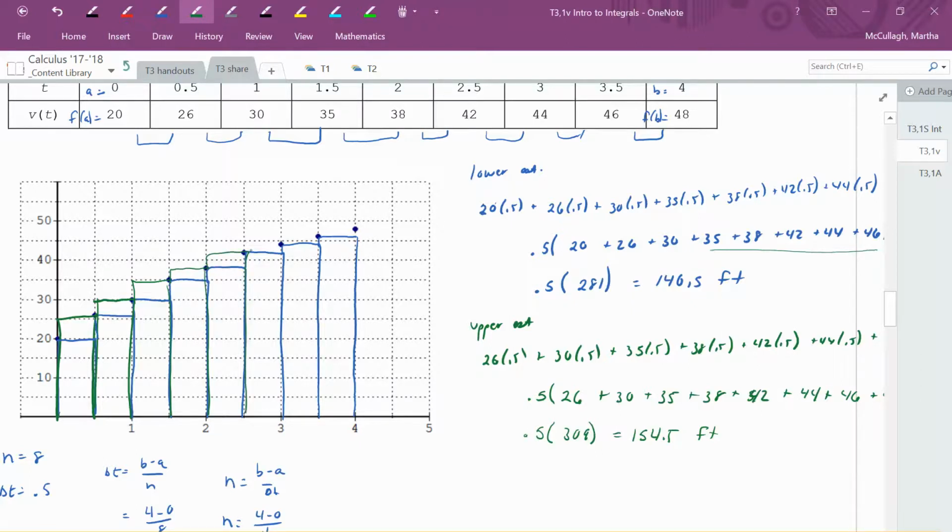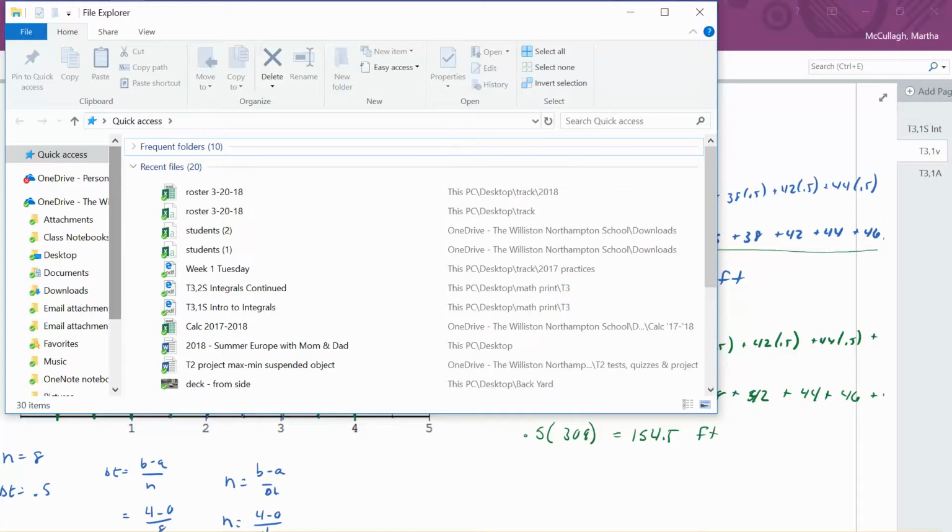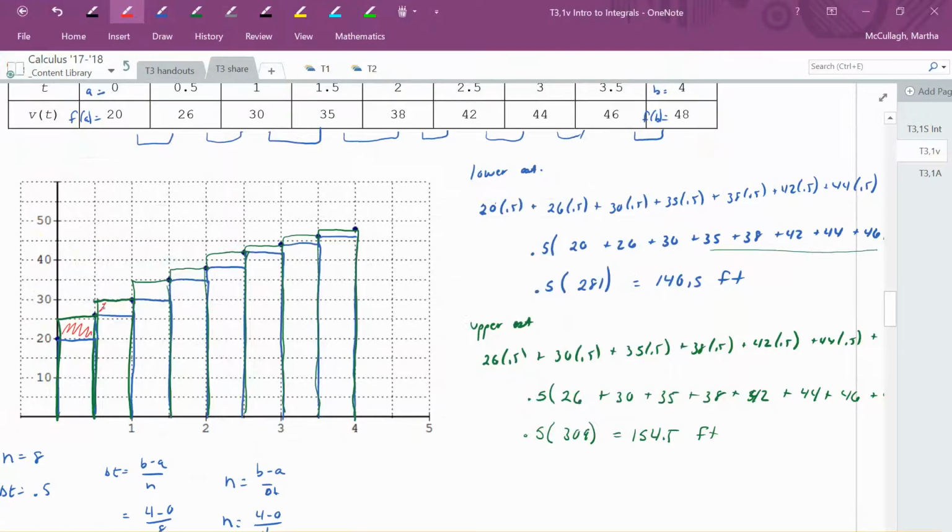So what we're adding up here is the area of that rectangle, and that rectangle, and that rectangle, and this rectangle. And again, we have some disputed area. Did they go as much distance as the green rectangle, or just as much as the blue rectangle? In between are these little areas that may or may not have gotten traveled.